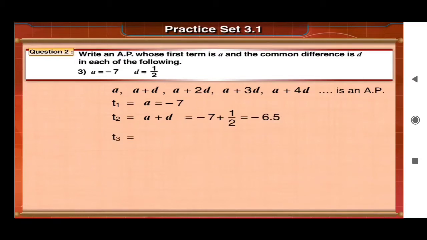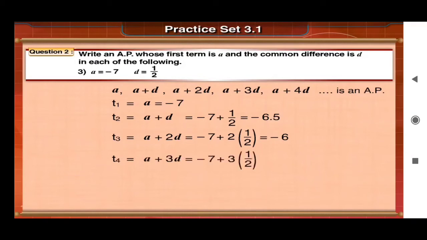T3 is equal to A plus 2D, which is equal to minus 7 plus 2 into 1 upon 2, that is equal to minus 6. T4 is equal to A plus 3D, that is equal to minus 7 plus 3 into 1 upon 2, which is equal to minus 5.5.